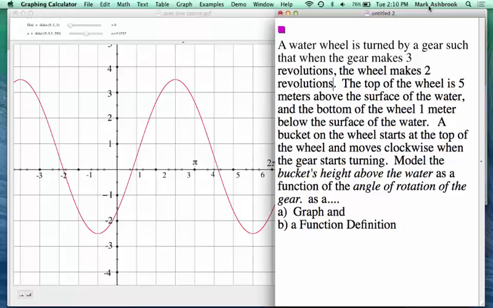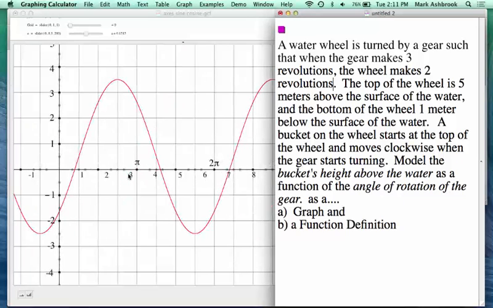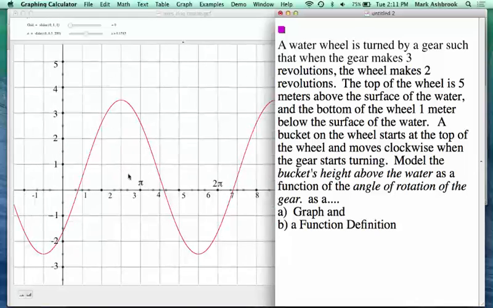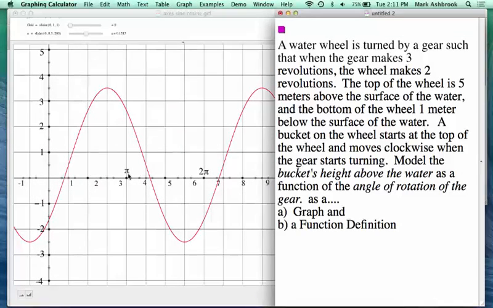So this is a good little project here. So you have to come up with the graph, and then from the graph, after you've sketched the graph correctly, write the function definition. Work together. Here we go.